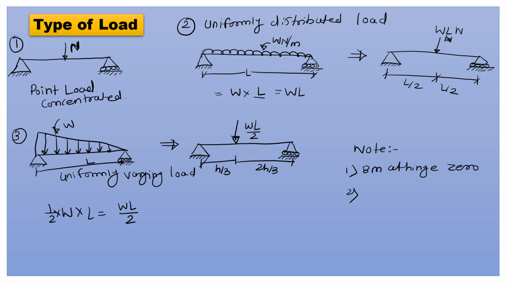And next, the point of contra-flexure occurs in an overhanging beam. We'll discuss the point of contra-flexure and bending moment in a further session, but here remember these two points: the bending moment at hinge is 0, and the point of contra-flexure occurs in an overhanging beam.